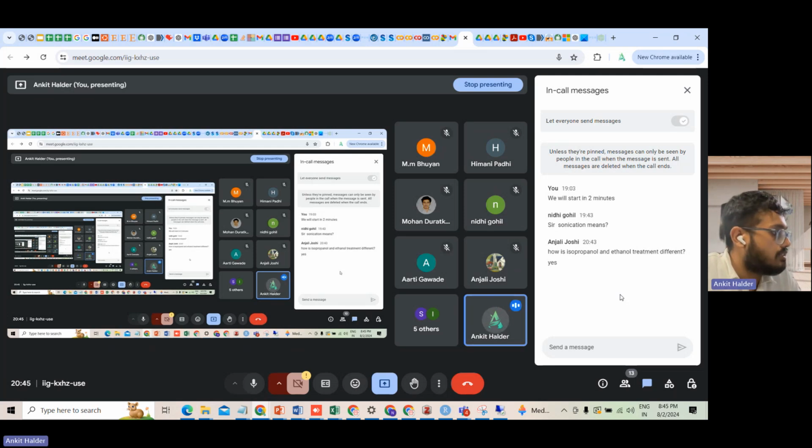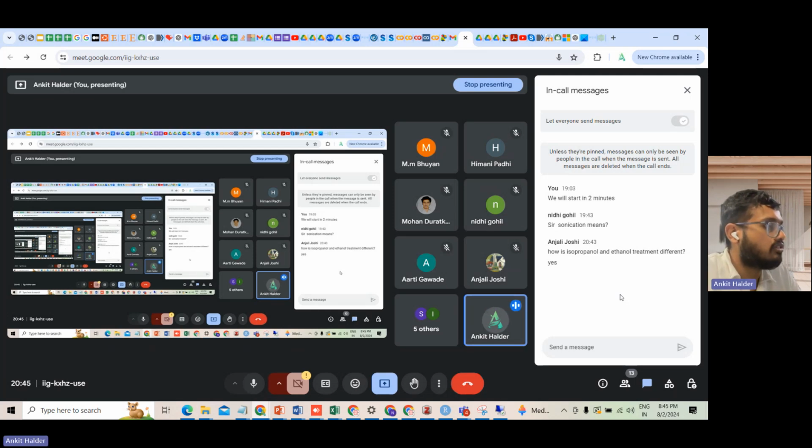Anyone want to unmute or write in the chat box as well? Anyone would like to answer? So what would be the next step? We would like to quantify it, right?